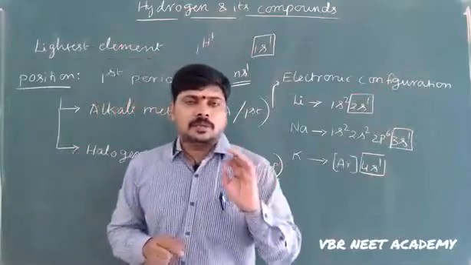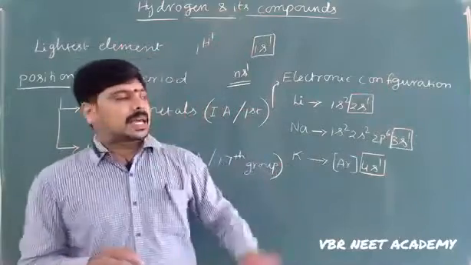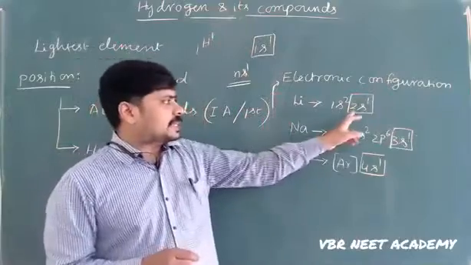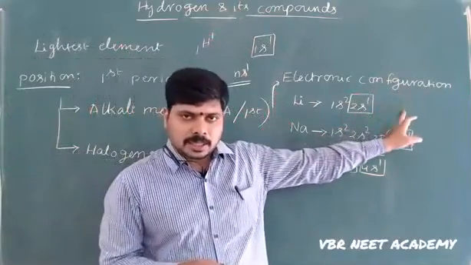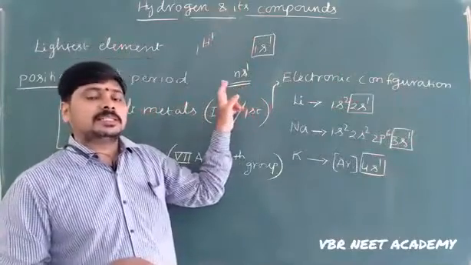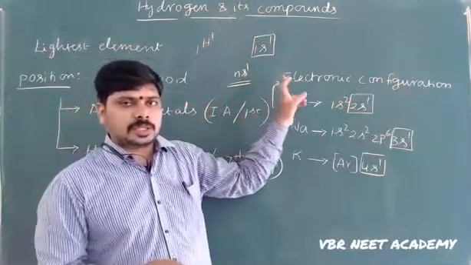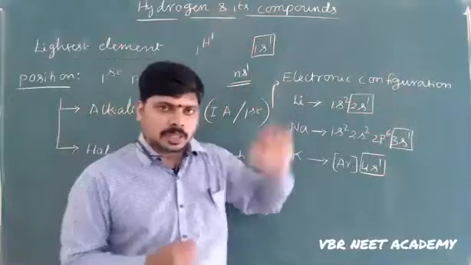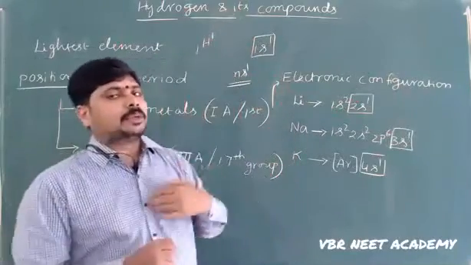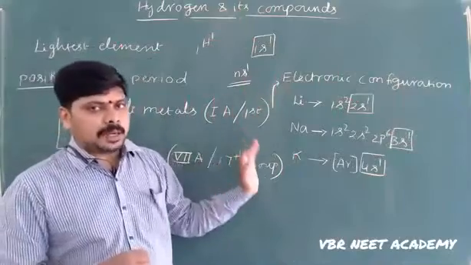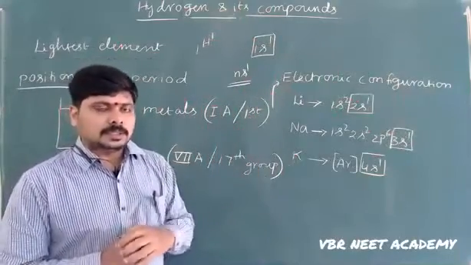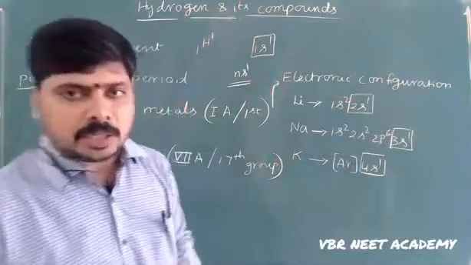All your alkali metals have ns1 in the outermost shell, and as it is, hydrogen also has the same electronic configuration, ns1 only. So according to the electronic configuration, we can place your hydrogen element along with your alkali metals. Understand? Now we will see the next similarity.